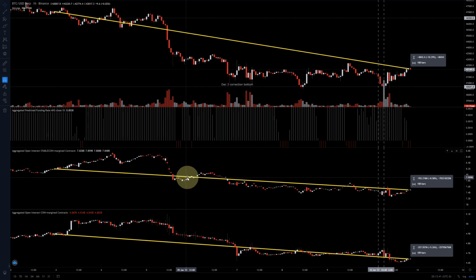Open interest changed a little bit, but not that much, and it bounced back slightly, except where they had the big increase over here. Overall, it's trending down on a similar slope as the price, but not as fast: 10%, 9%, or 8.5%, and 5.25%.